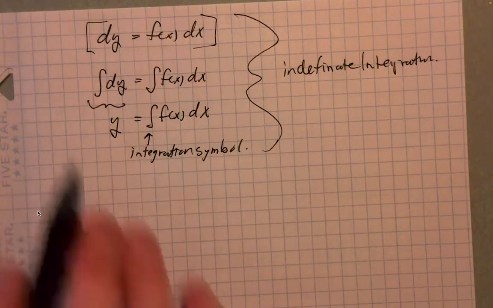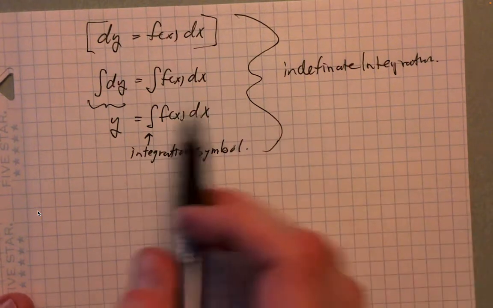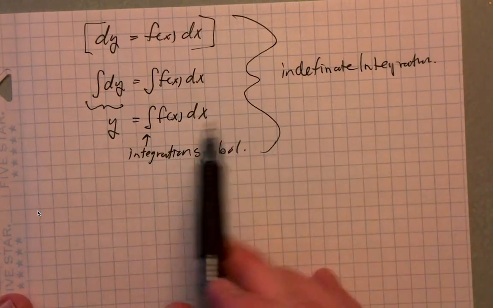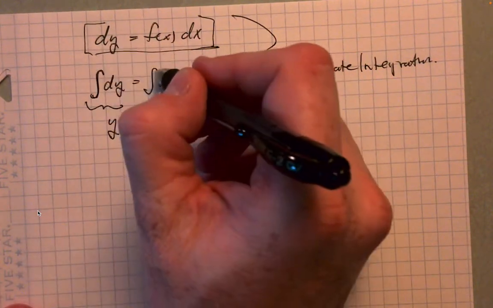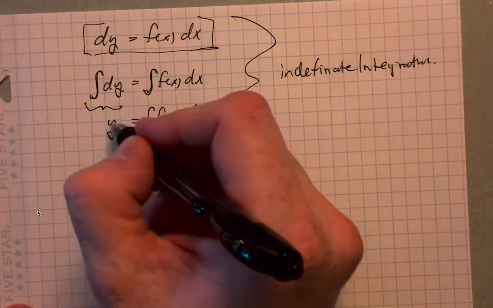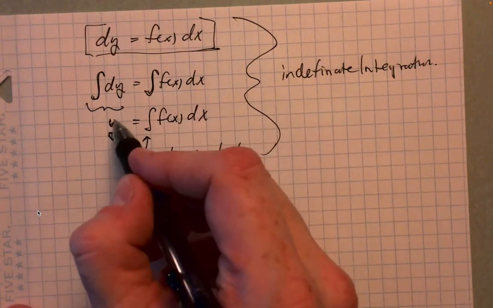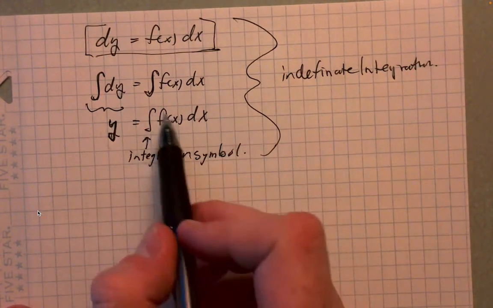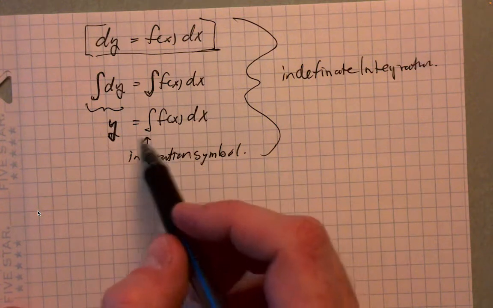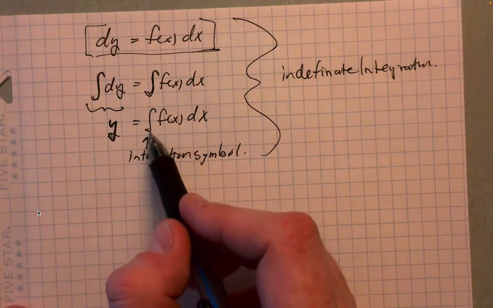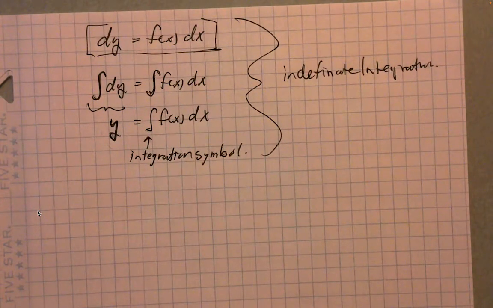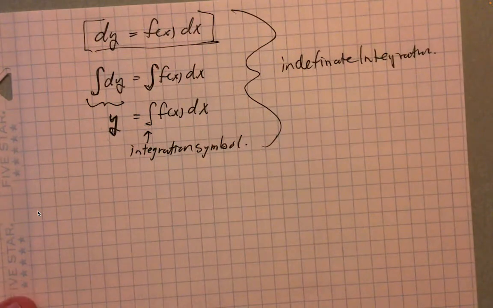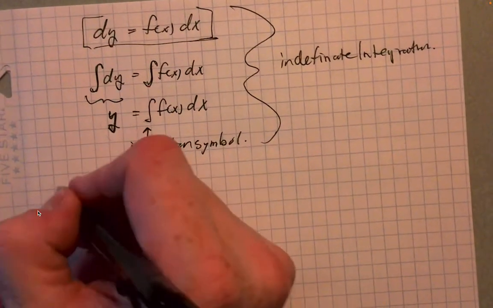We'll talk about this more in a moment. You start with this differential equation, you integrate both sides, which is this operation of finding the antiderivatives, and the solution can be written in this form: y equals the integral of f of x dx. Okay, so let's talk about some basic integration rules. That's where we're heading next.